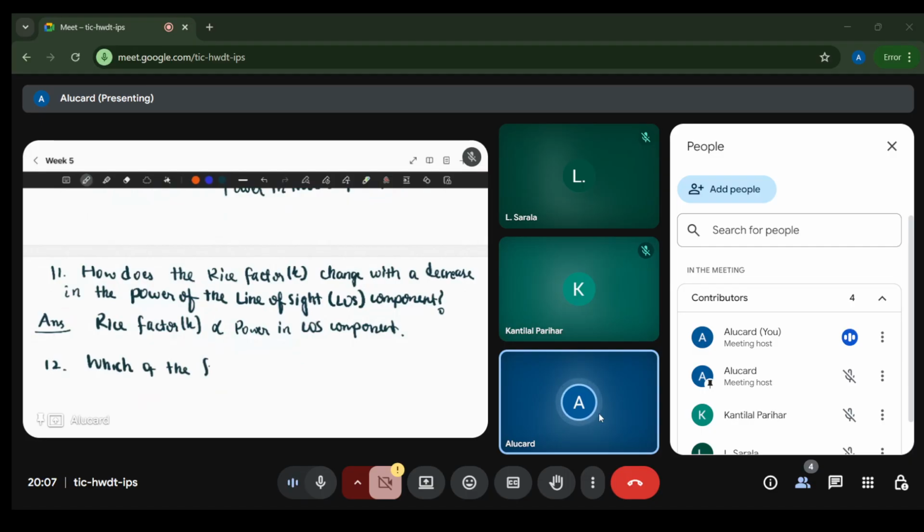Which of the following gives rise to statistics similar to that of a Rayleigh PDF?